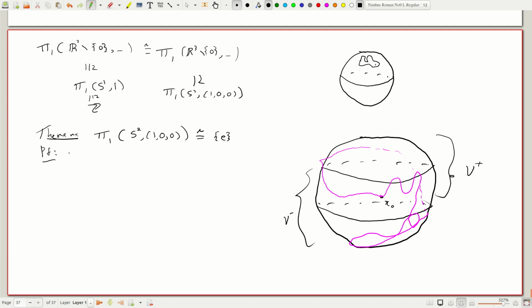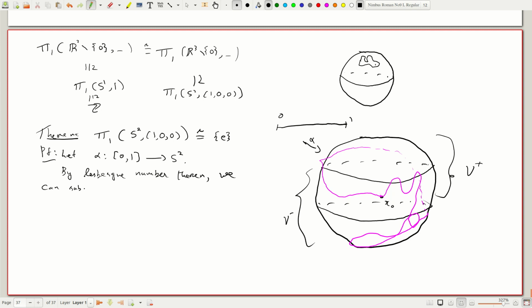So our first step is going to be very similar to the previous one. We take the interval 0, 1 here, and we are mapping that by a curve alpha. So let alpha map 0, 1 to the sphere. By the Lebesgue number theorem, following a by now familiar argument, we can subdivide 0, 1.